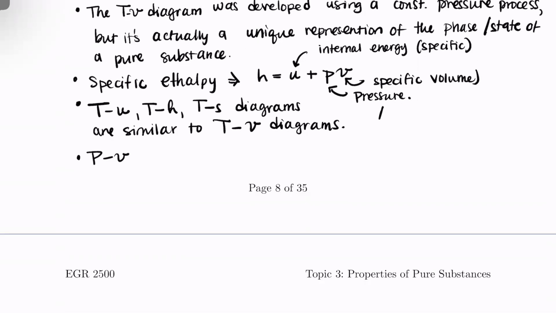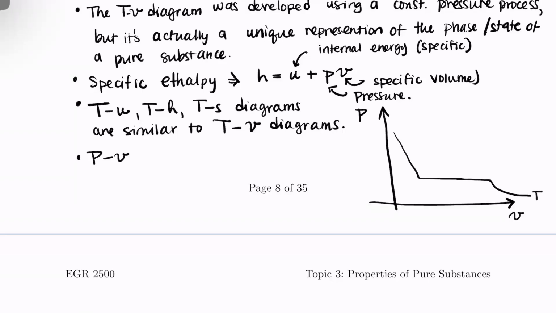And just to show you what a PV diagram looks like, it's very similar to a TV diagram. So now, instead of lines of constant pressure, we'll have lines of constant temperature. And they will look something like this.